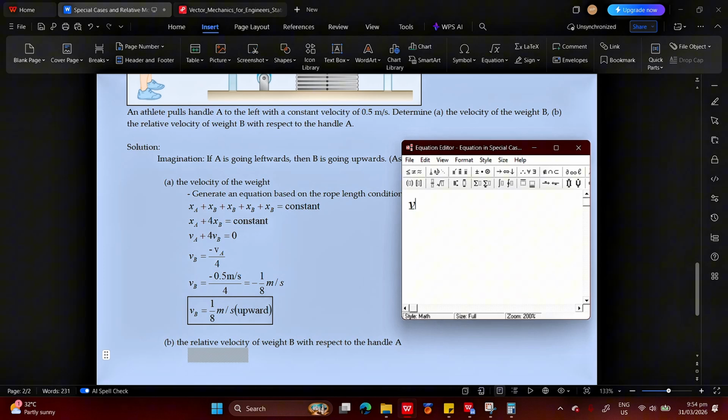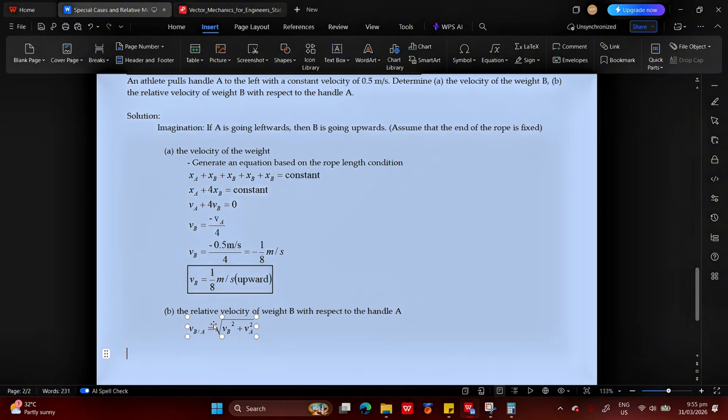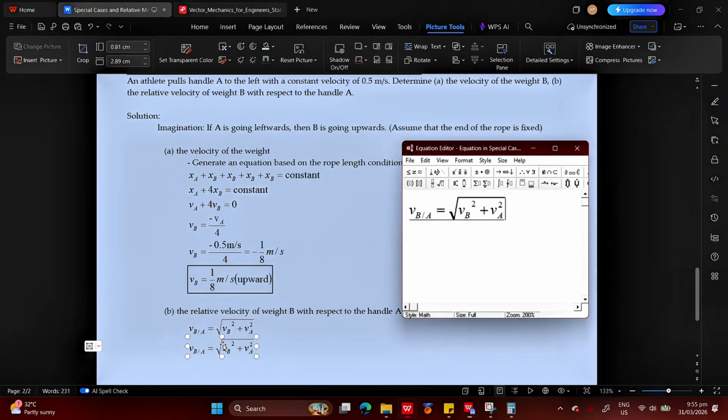So the velocity of B with respect to A is equal to the hypotenuse of V_B squared plus V_A squared. Yeah, that's enough. 0.125 then.